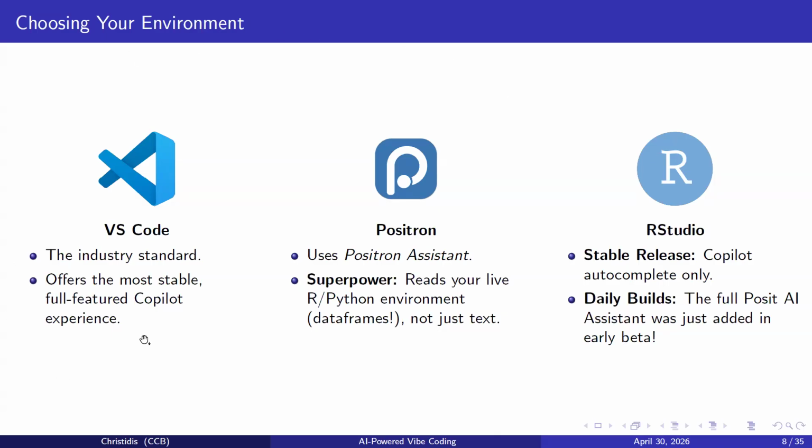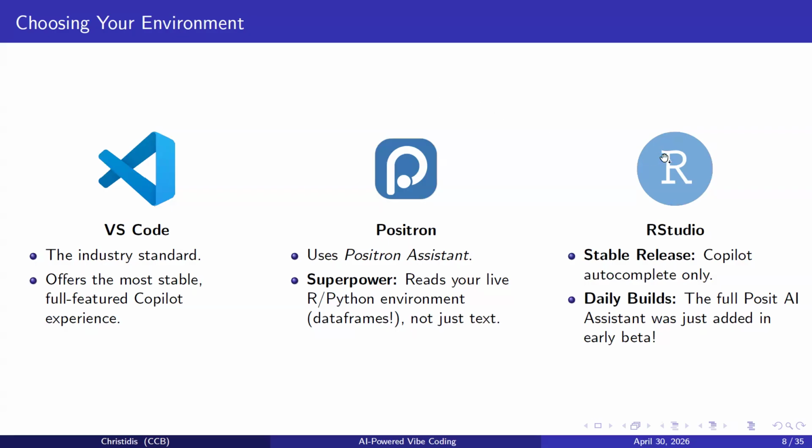Whereas for VS Code, there is a way around it, but it's a little more complicated to do. But with Positron, it's a very nice feature that the AI, once integrated into your IDE, has access not only to all your files in your project, but also your variables in your environment.